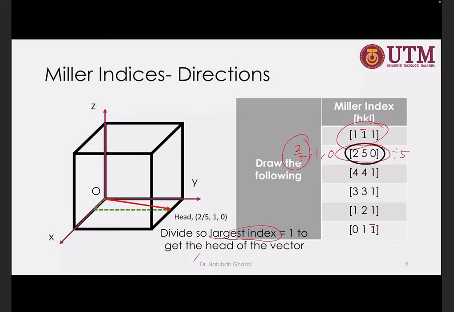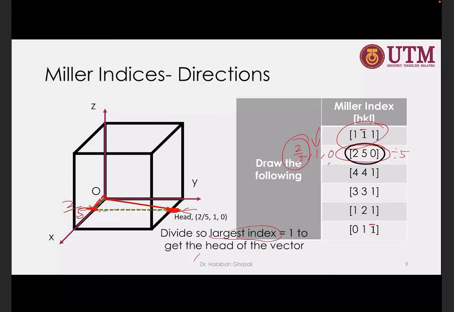So let's start with X. X from here to this direction is 2 over 5. You need to label like this, 2 over 5. And then you go to Y direction, Y equal to 1. So from this point to this point is equivalent to 1 scale at Y direction.